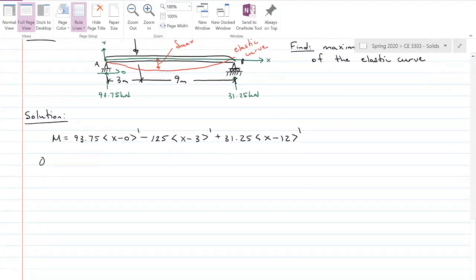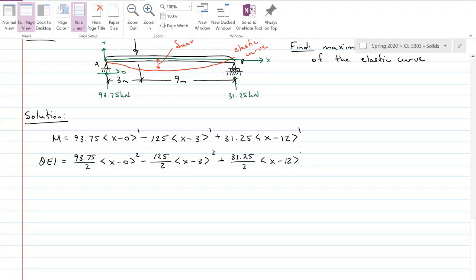First integration, theta EI, 93.75 divided by 2, x minus 0 squared, minus 125 divided by 2, x minus 3 squared, plus 31.25 divided by 2, x minus 12 squared, plus my constant of integration, c1.